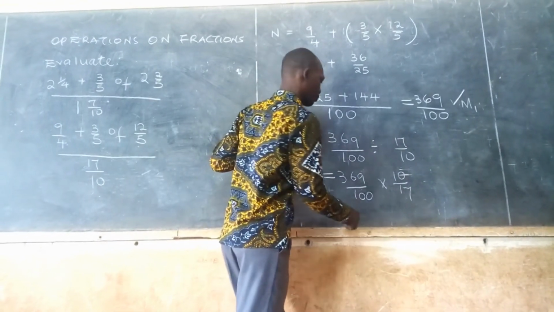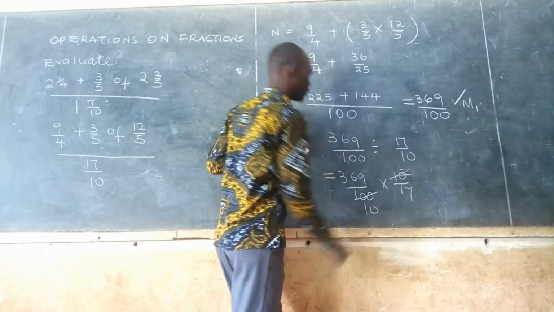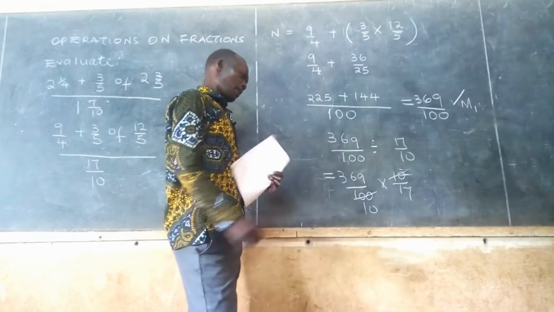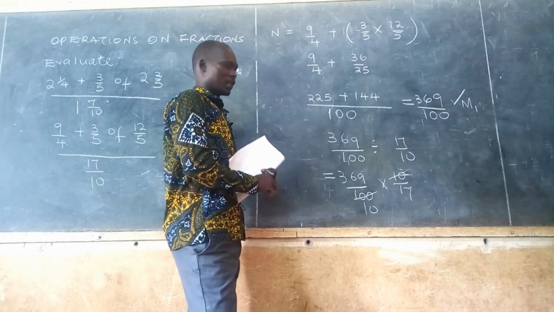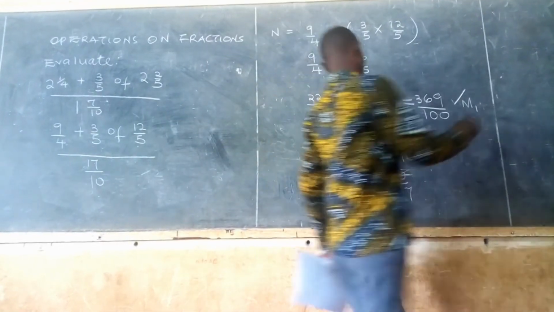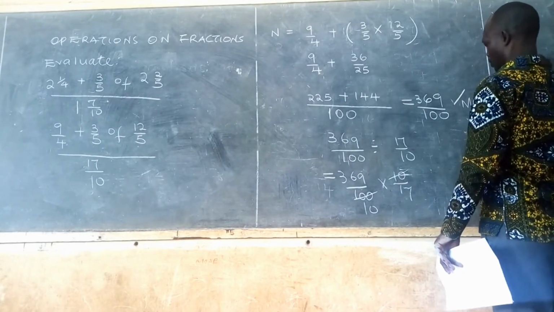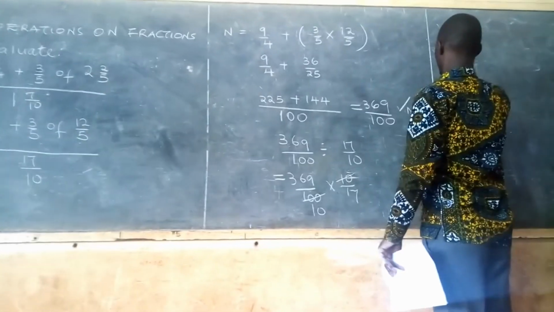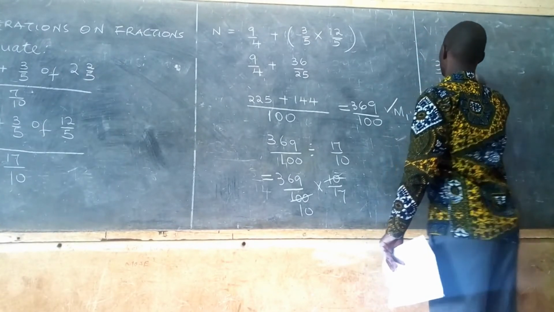I can see that 10 can go into 10. I'm wondering whether 369 and 17 can go. Because now what we have is 369 over 10 times 17.